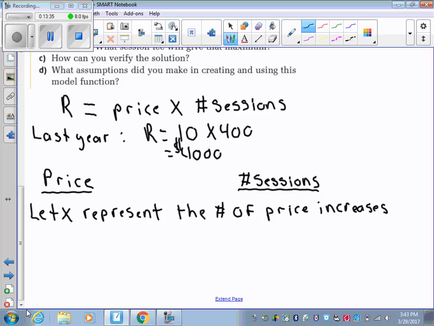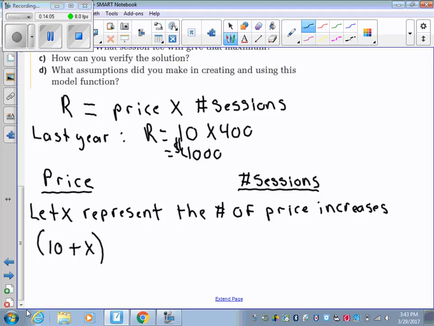With a price of 13, I'm again losing some customers, for 4,420, and so on. But I need a better way to do that. So I'm going to let price be equal to this, because it originally was $10, and I'm going to increase it by 1x. I don't know how many price increases I'm going to do yet, but x is representing how many there's going to be. There could be 1, 2, 3, we don't know yet.